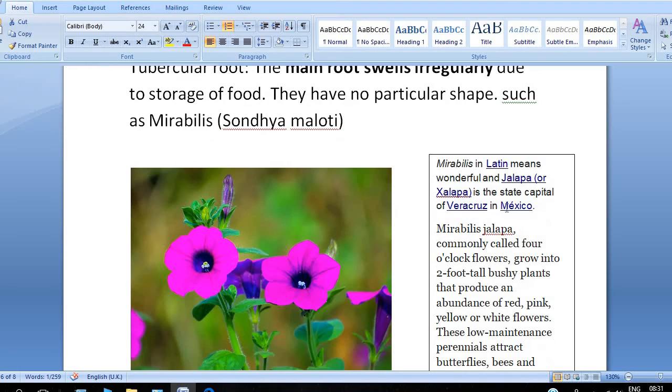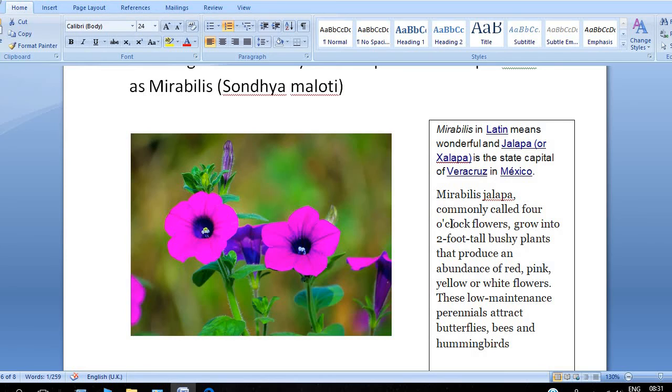Mirabilis is the Latin name, meaning wonderful, and Jalapa means the state capital of Veracruz in Mexico. Mirabilis jalapa is commonly called the four o'clock flower, and grows into two feet tall bushy plants that produce an abundance of red, pink, yellow or white flowers. This low maintenance perennial attracts butterflies, bees, and hummingbirds.